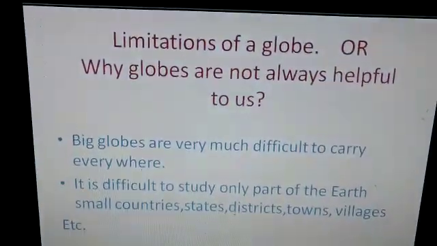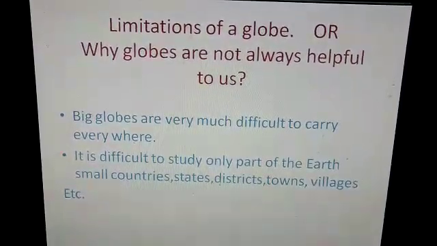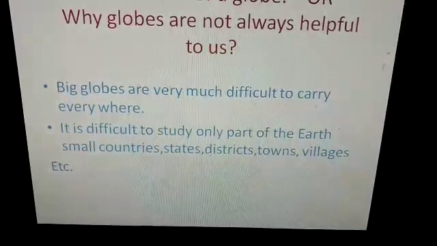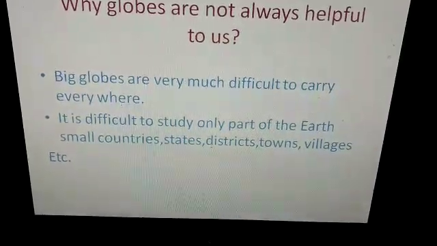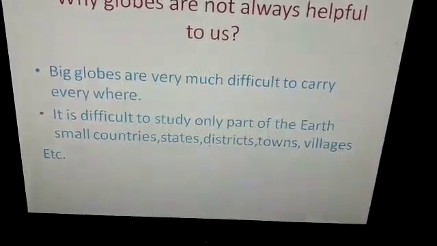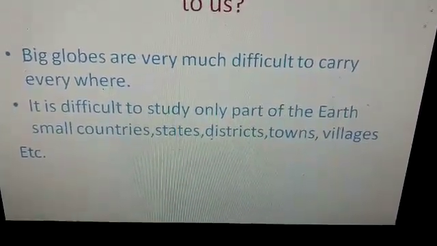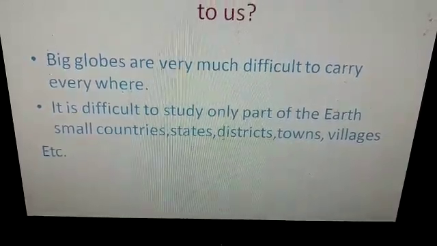The reason is big globes are very difficult to carry everywhere. It is difficult to study only a part of the earth, small countries, states, districts, towns, villages, etc. Am I right? Yes.